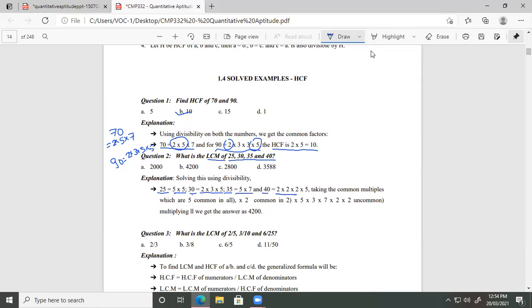Factors of 40 are 2 into 2 into 2 and into 5. Okay, so these are the factors of the given numbers. 5 is common in all, then 2 is common in two numbers.